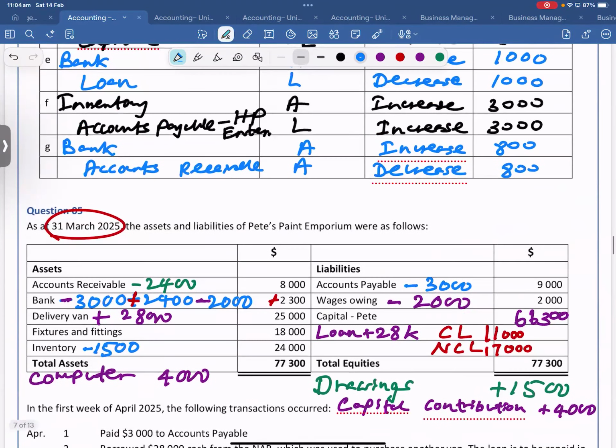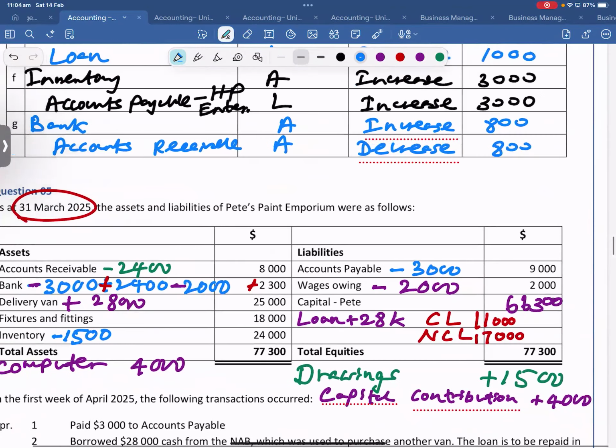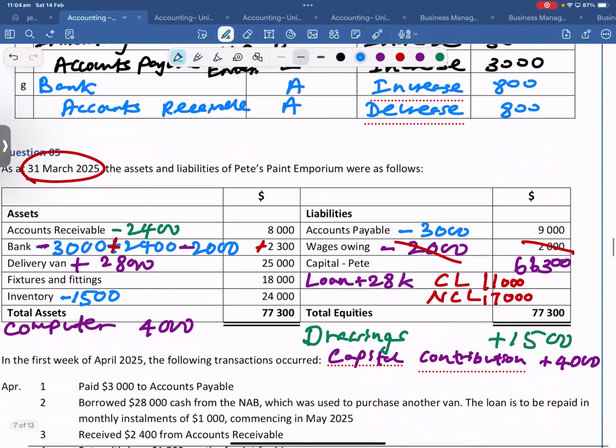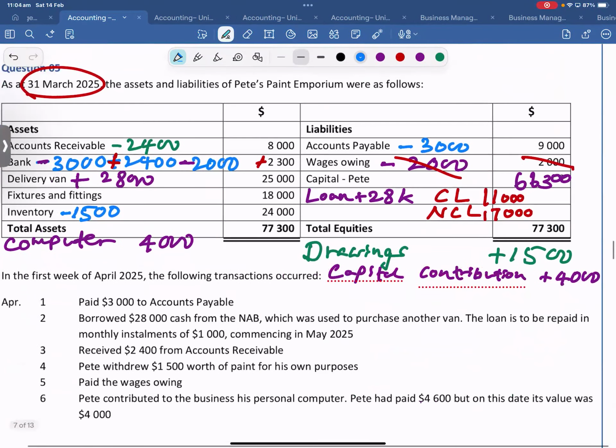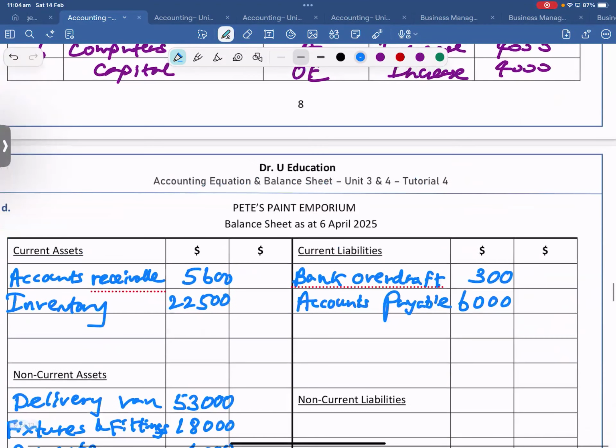Next one, capital. Before that, what happens to the wages owing? It will be 0. Why? Because this minus 2,000 goes into plus 2,000, 0. Before capital, we have loan. What is the loan's current portion? Current liability? 11,000. So we figured it out.